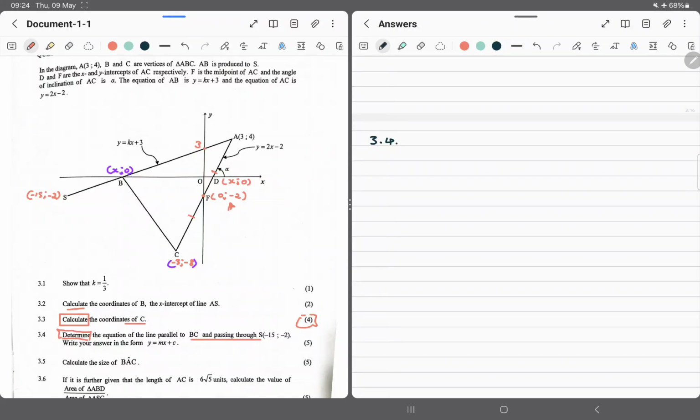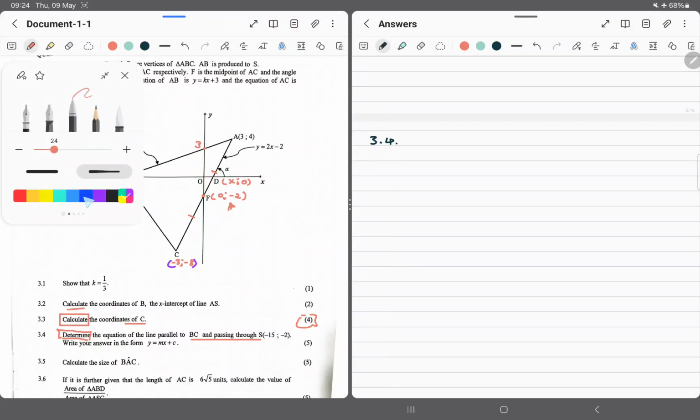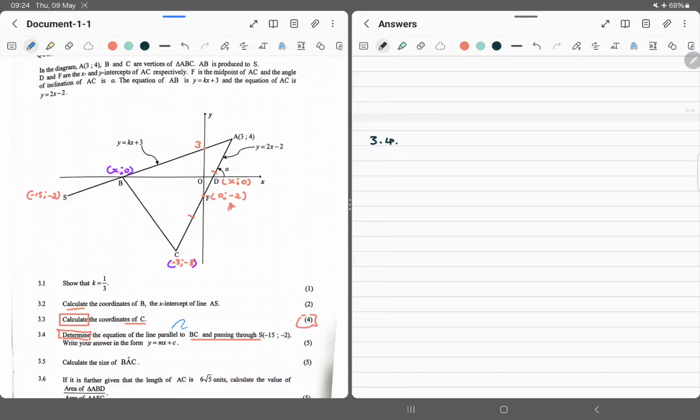Okay. So now we want a line parallel to BC. Now BC is this line here. So it forces us to find out the coordinates of B. Okay, well, we will assume that's a straight line. So this straight line must be parallel to BC.